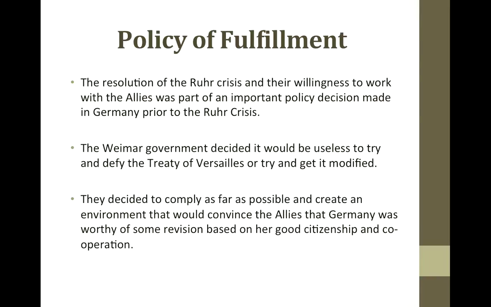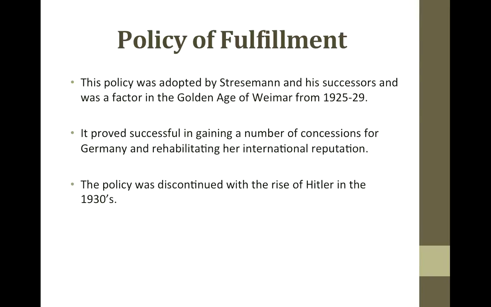So they decided that they would comply as much as possible and try to convince the Allies that Germany was worthy of some revisions to the quote-unquote harsh terms of the Treaty of Versailles, based on good citizenship, good behavior, so to speak, and cooperation.